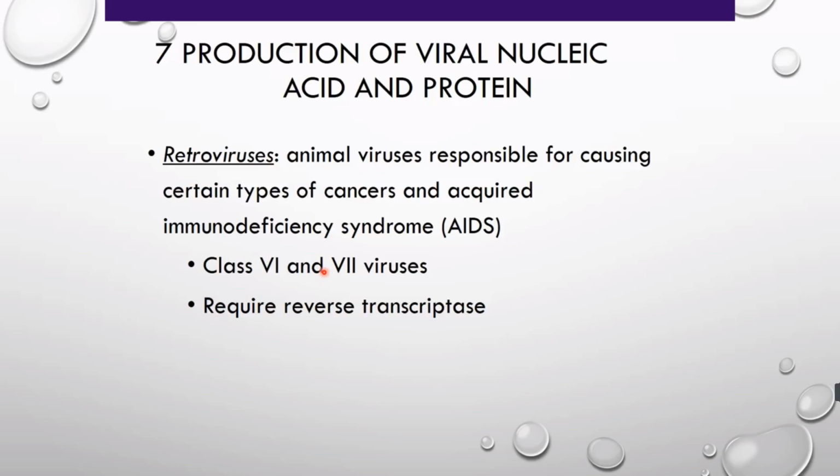Instead, as we'll show later on, it uses an enzyme called reverse transcriptase, which is an RNA-dependent DNA polymerase, to actually manufacture double-stranded DNA from the single-stranded RNA genome of the virus. That double-stranded DNA now integrates into the host DNA itself. More on that when we get to the HIV section.